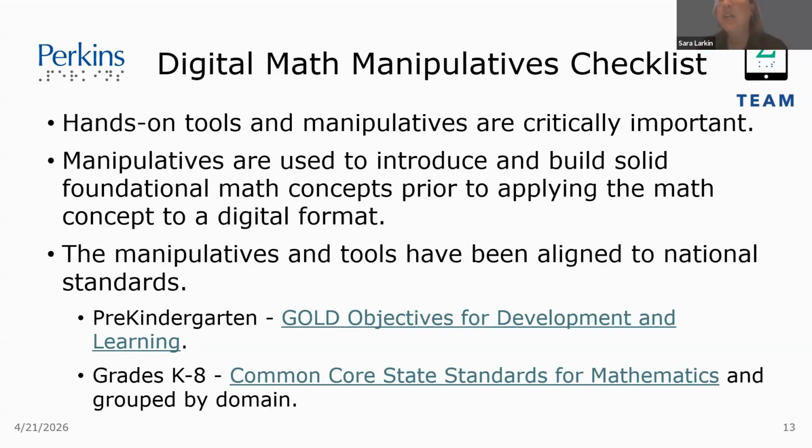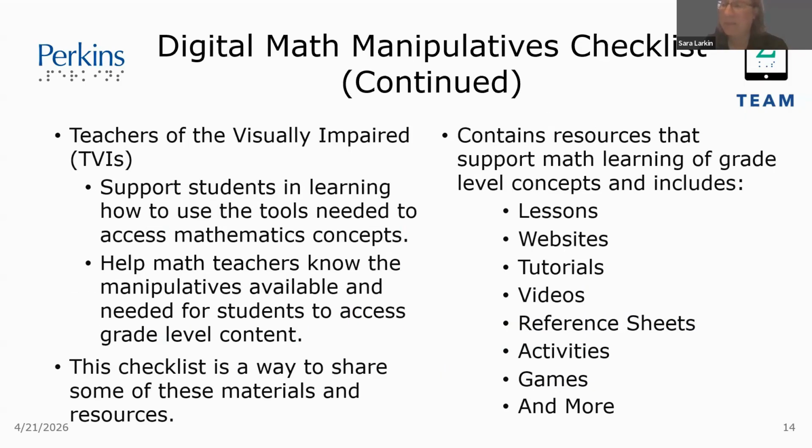So because there isn't a national early learning standards, we use the gold objectives, which the state early learning standards are often aligned to. So those gold objectives I have a link to here, but I've also linked to the Common Core state standards. So that's what we used when we were deciding on the manipulatives.